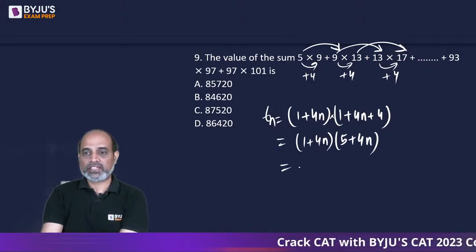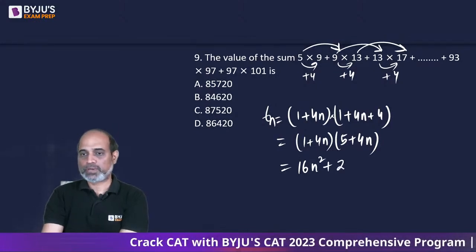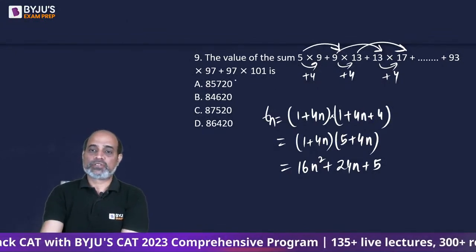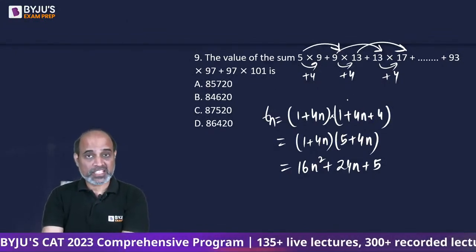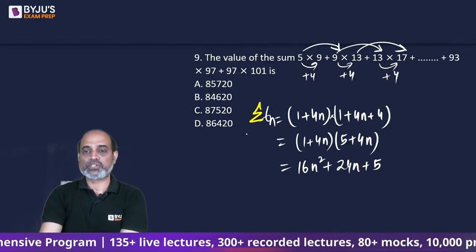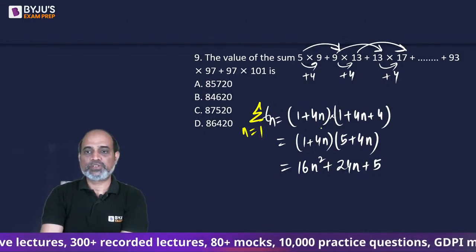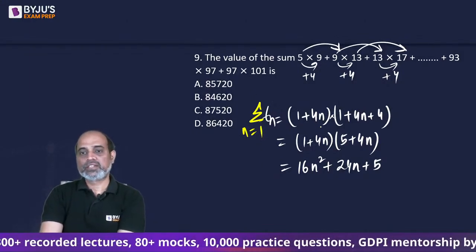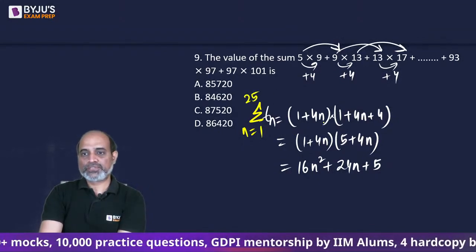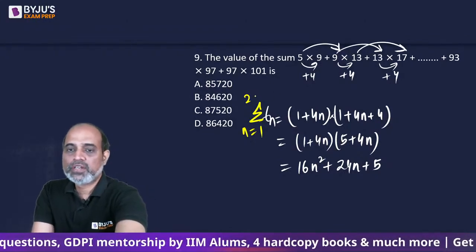If you open the brackets, you will be getting 16n square plus 24n plus 5. Now, since we need to find the sum of this, we will have to take the summation, when n goes from 1 up to the maximum value of n we can have, which is 24, not 25.